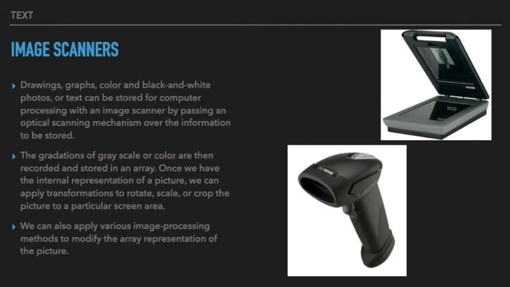Okay, so that's how the image scanners work. There are different types of image scanners. These are just two types, like a flatbed scanner or a barcode scanner, like this, a handheld barcode scanner. Okay, these are also input devices.